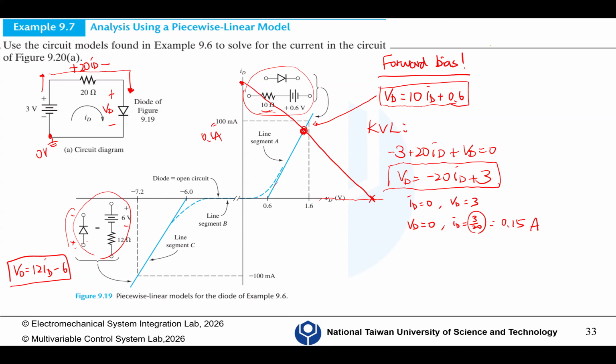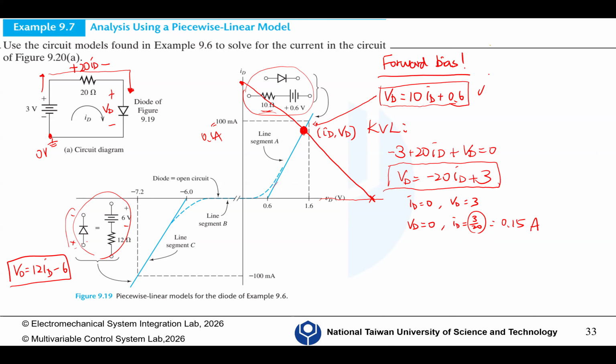We can find an intersection here. This is the ID, VD. This is the answer, right? The intersection of the curve and a line is the solution.